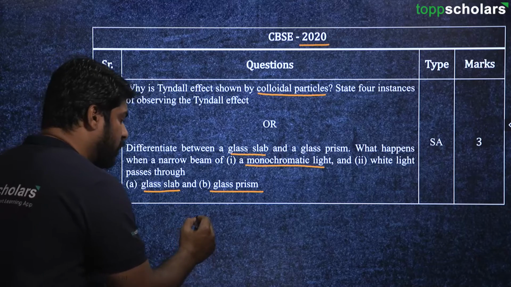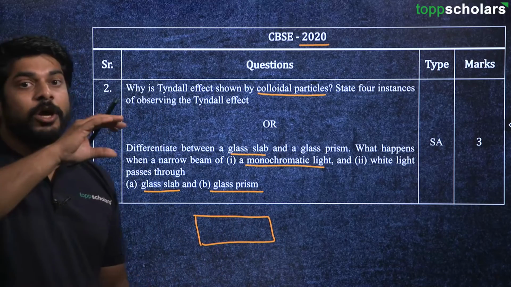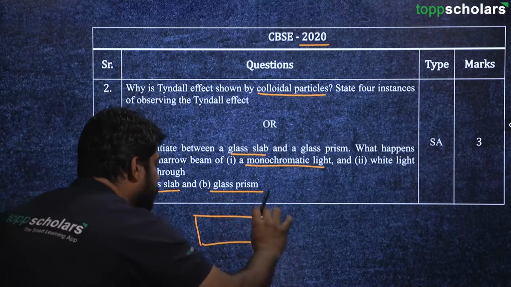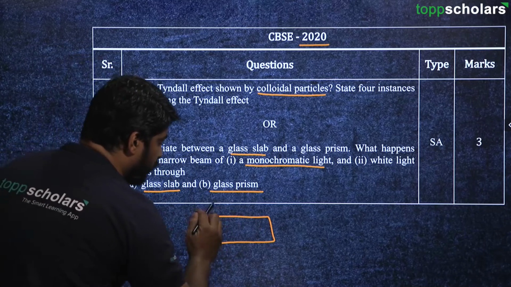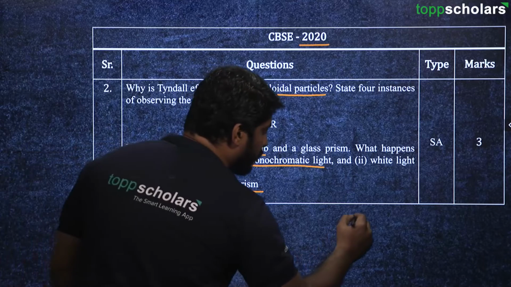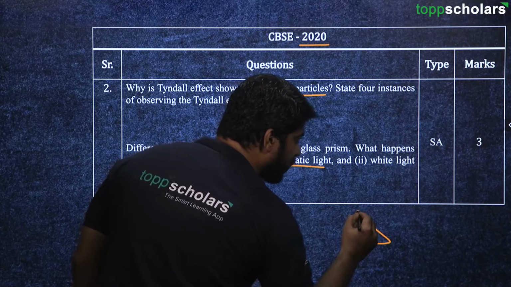Okay, first of all, the glass slab is somewhat like this. It has got both surfaces parallel to each other, isn't it? So over here you can see that both surfaces are parallel to each other. And if you talk about a prism, in this case we have got 2 plane surfaces.